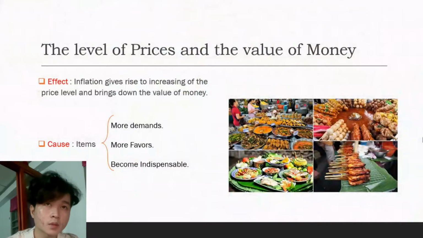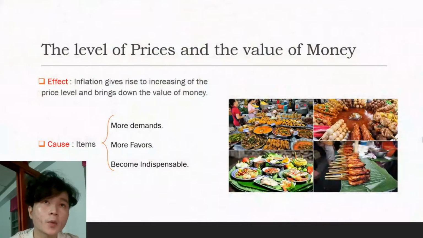We are going to talk about the level of prices and the value of money. Nowadays, in Cambodia, people enjoy more food. Hence, the sellers started to produce more and develop the ingredients to get more flavors. As a result, even though food prices rise, people still buy and enjoy them every day.